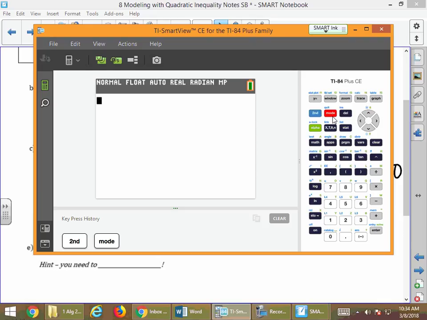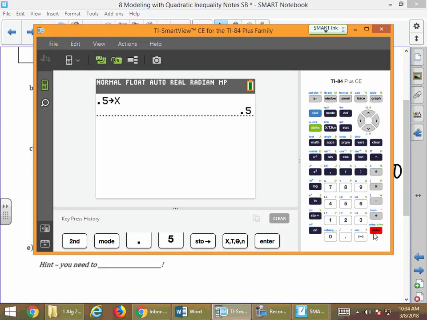And what I'm going to type in is I'm going to type in 0.5 store x and enter. And then our function, which is negative 16 x squared plus 16x plus 480, and enter.